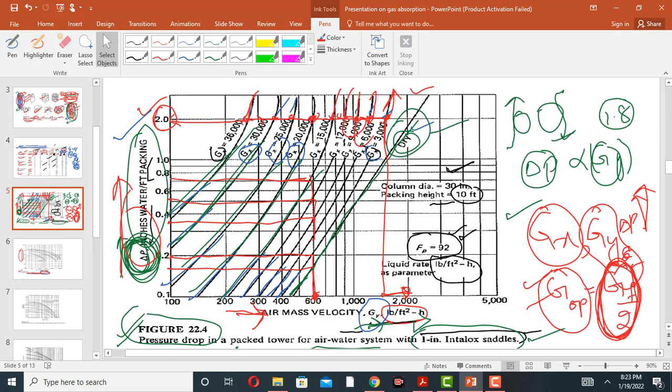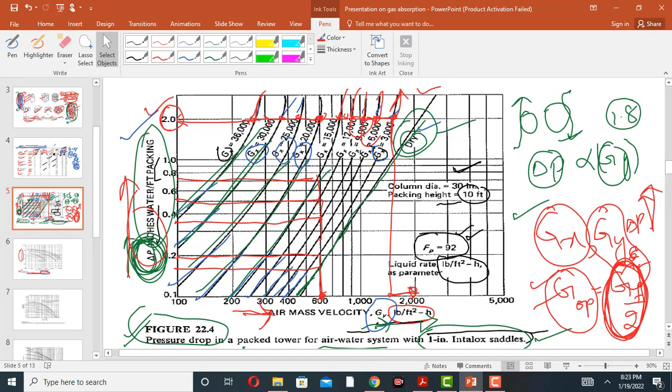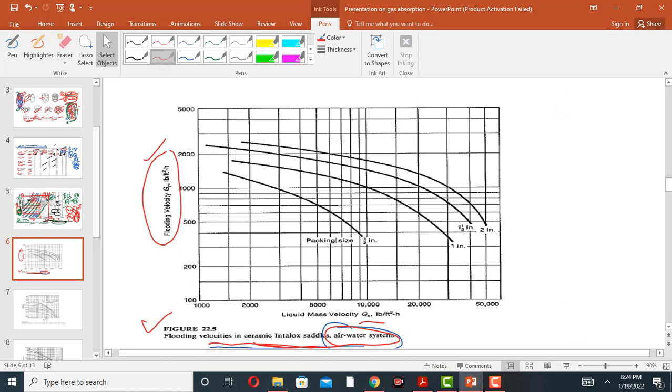Here Gx is on the x-axis, and this is the flooding velocity Gy. The units are lbm per foot square into hour.